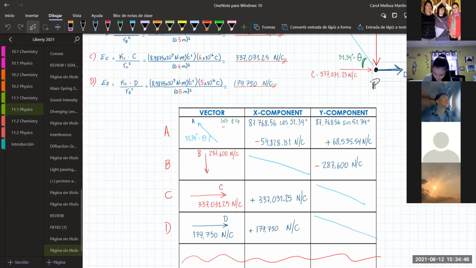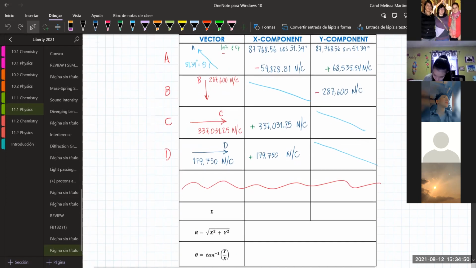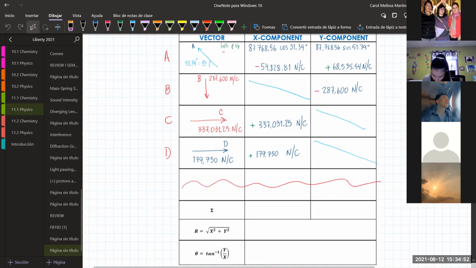Now we're going to get the results. We're going to get the sum of the x component and the sum of the y component.